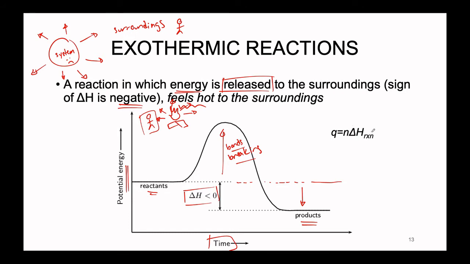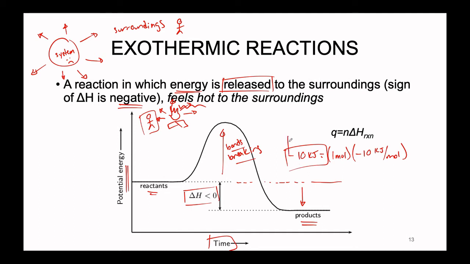So if our delta H of reaction here is some type of negative value, let's say it's negative 10 kilojoules per mole, just picking out a random number, and we are reacting 1 mole's worth of substance, this must mean that there was a total of negative 10 kilojoules of energy involved with this chemical reaction.